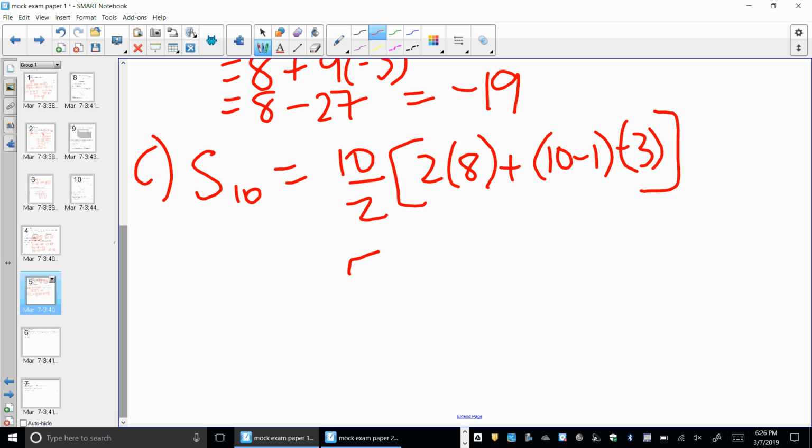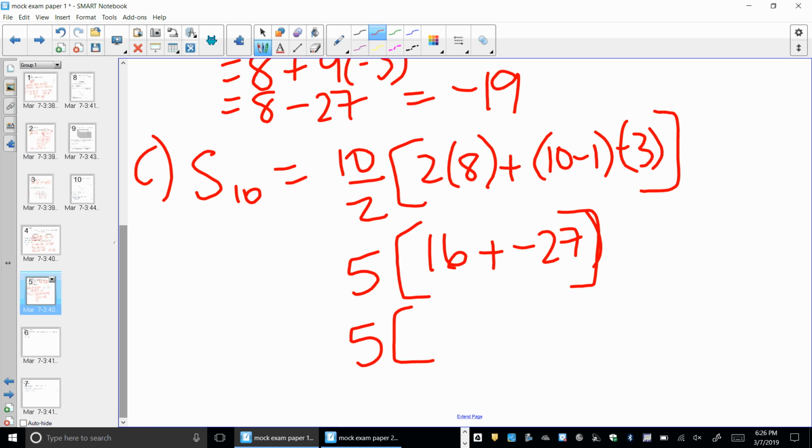So that's 5, 16, and 9 lots of -3 is -27. 16 take away 27 is -11. So that's -55 is our sum.